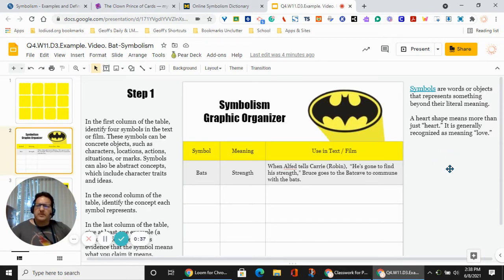If somebody draws a heart, you don't usually think of a literal heart, right? You think of the associations we have with that symbol, which includes things like love and affection, right? It stands for more than just the shape that it is, or the literal thing that it is.